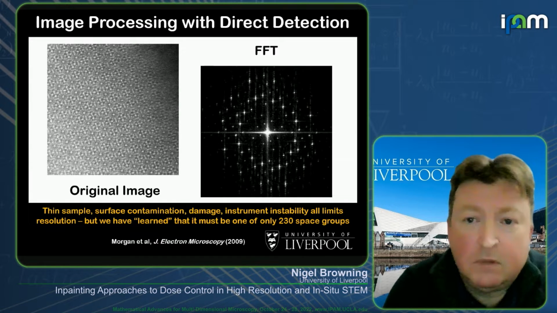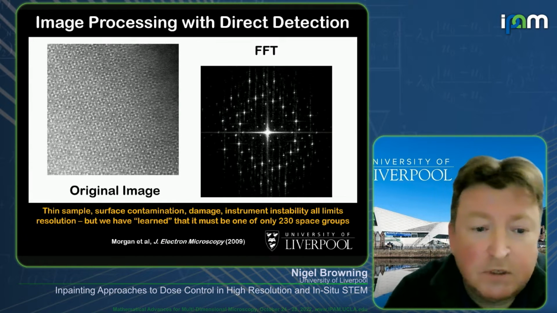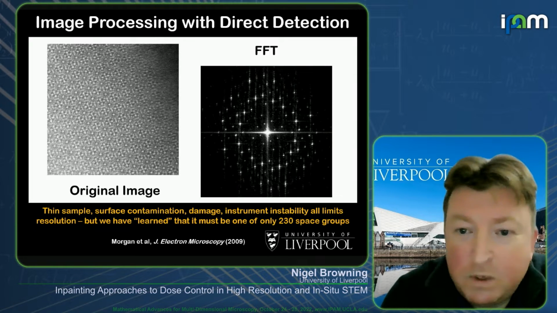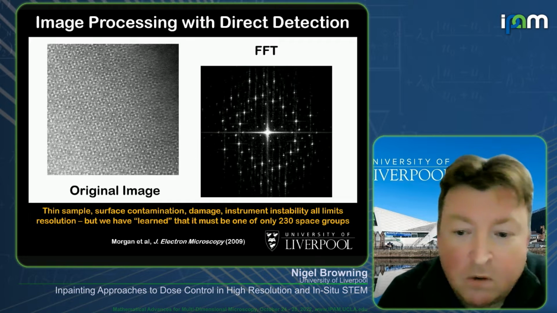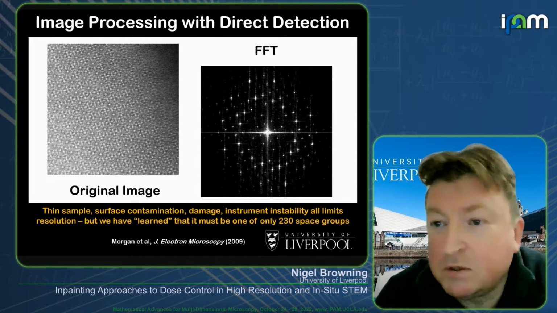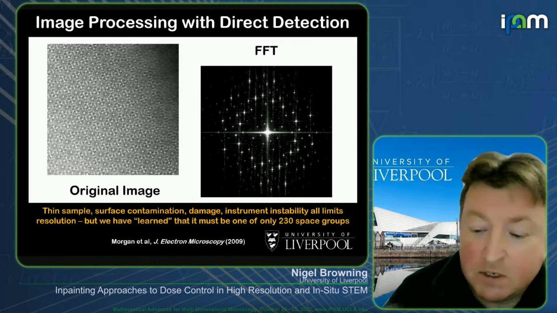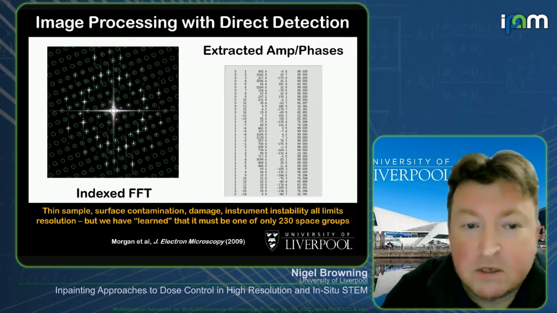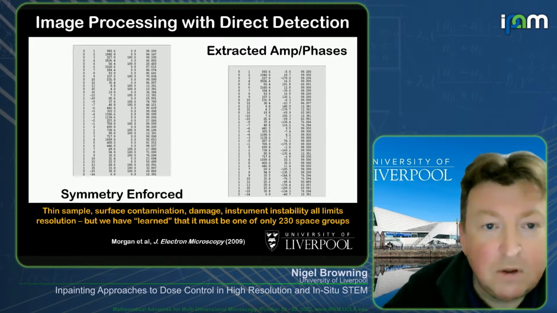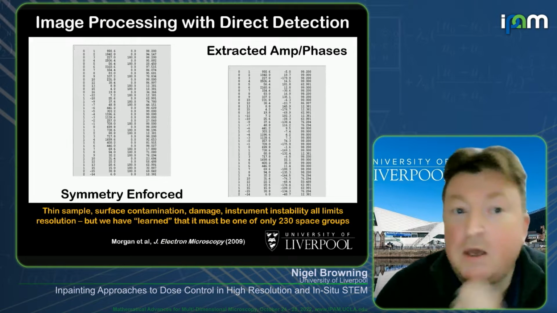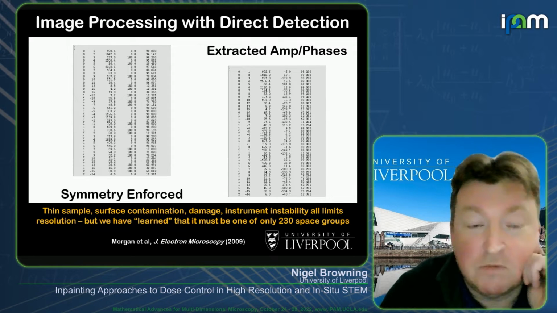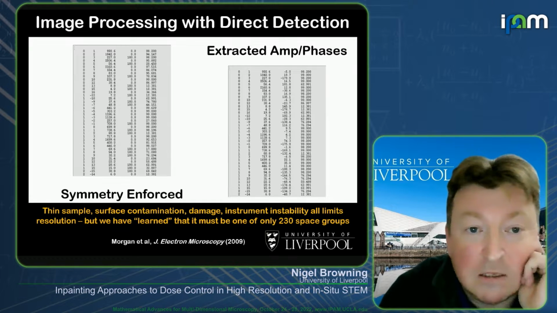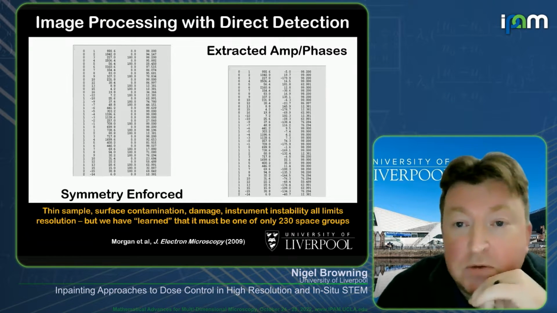So what we used to do is to basically take our original image, take our Fourier transform, and because we know that it's a crystal, and we know that there are only one of a possible 230 crystal types that exist, we can identify what the amplitudes and phases are in our Fourier transform. We can look at the amplitudes and phases of all the 230 possible crystal structures that we can find, and we can then try and match the two together.